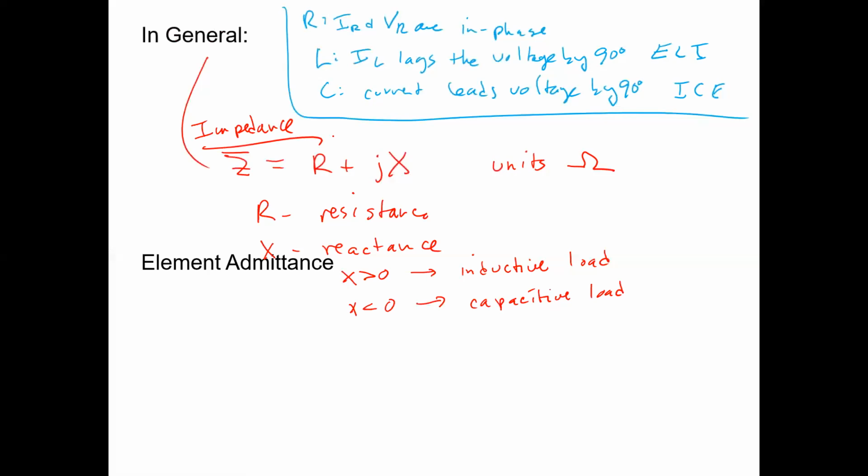And then admittance is like conductance is to resistance. I'm going to erase some of this. Admittance is symbolized by Y, which is 1 over the impedance. It's the reciprocal. The units are Siemens, or mhos, like conductances.